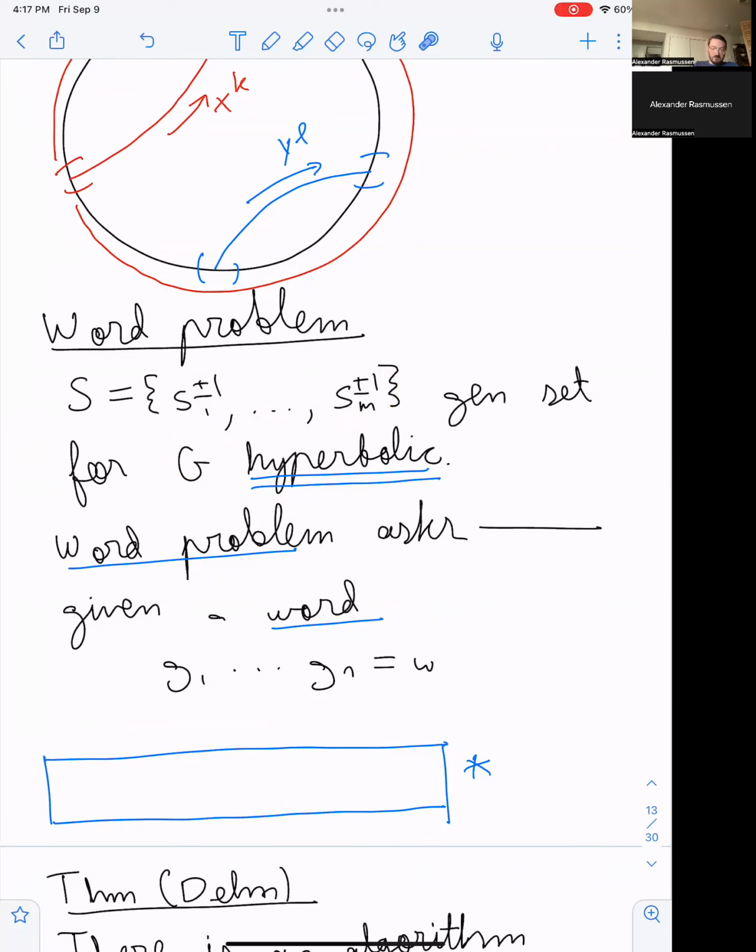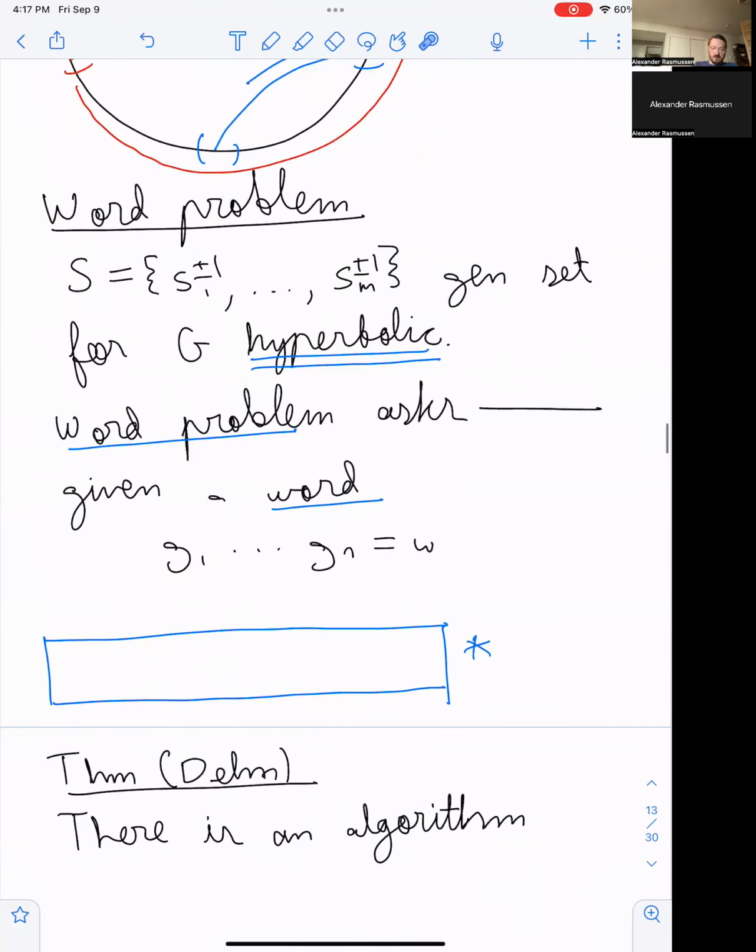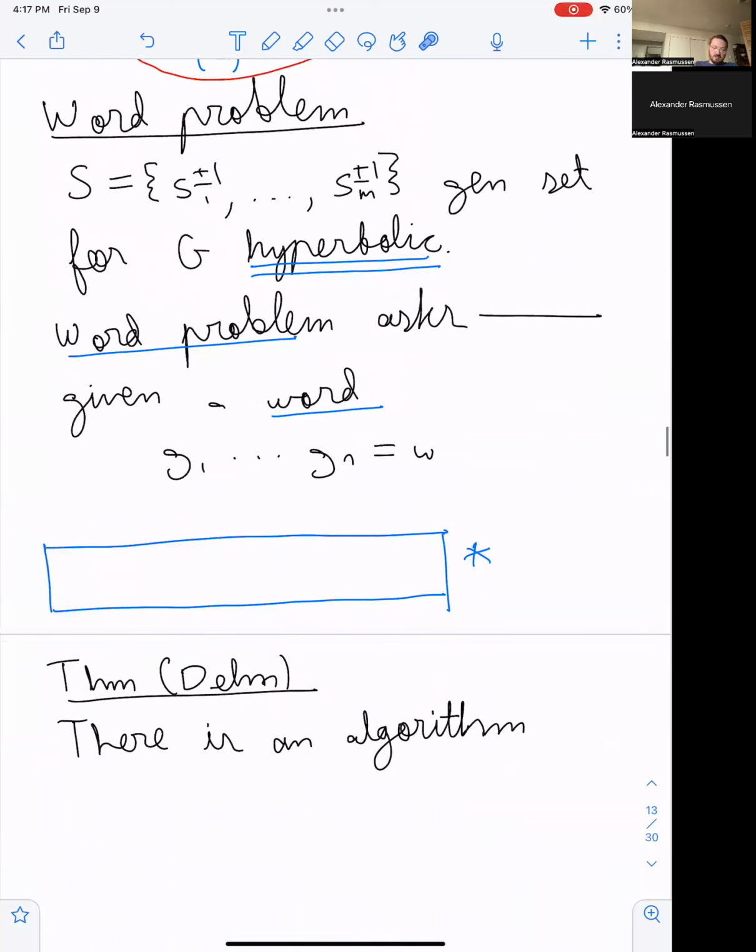And so the word problem is a basic algorithmic problem you need to solve to do computation in your group. So to ask the following question: given a word in the generators, so here g_i is an element of this generating set for all i, is W equal to the identity in G?